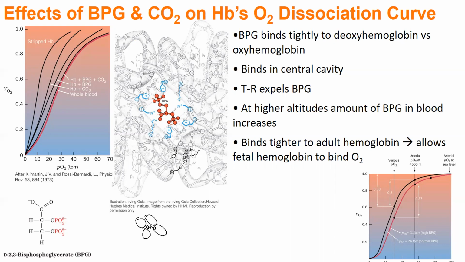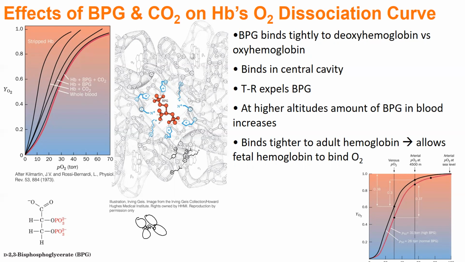We have some N-termini going towards BPG. We also have some positive amino acids, so we have a lysine and some histidines, all interacting with BPG, which is really negative, has these phosphates, has this minus charge. So BPG loves being in the center of hemoglobin, which has a lot of positive charges.